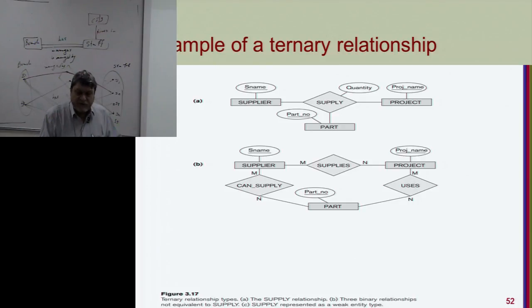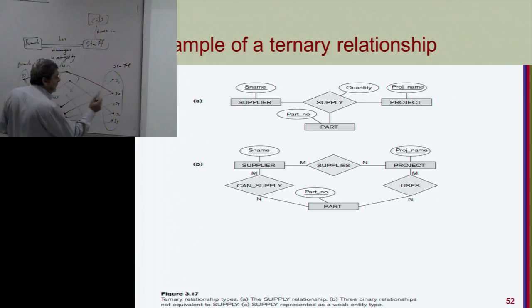It's not necessary. We use this same symbol for one of three reasons, or the three together. It's either for higher degree relationships, we have understood this, or for many-to-many relationships. We said that, let us take the project, an example, this previous example here.